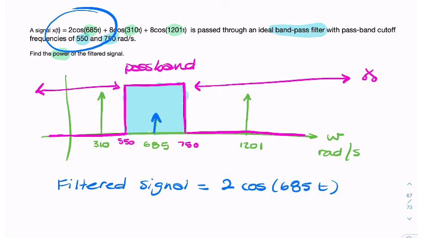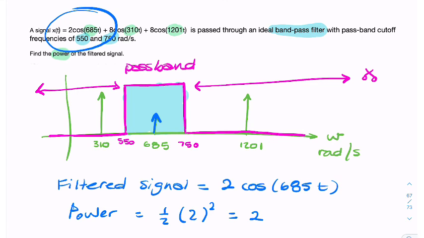I mean, in practice, there would always be a change there. But let's assume that that doesn't change. So the power would be half 2 squared. So that's the power of a sine wave. It's the amplitude squared divided by 2. So that's just 2. So that's how you would approach a question like that.